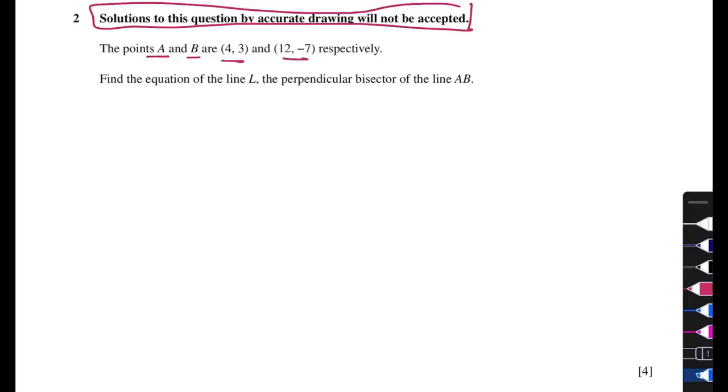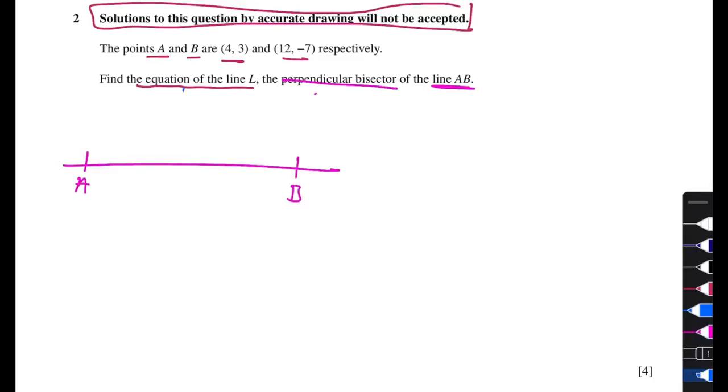Find the equation of the line. That equation of the line is the perpendicular bisector of line AB. All right, it's similar to the one that we solved. So if this is A, this is B, then we are looking for this particular equation of the line, okay? The one dividing line AB into 2.